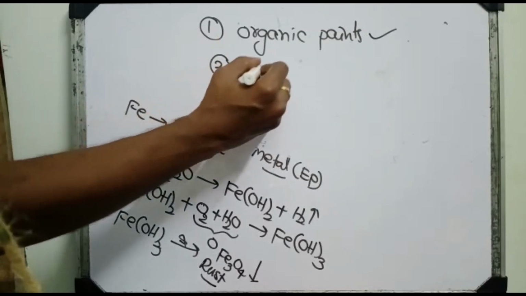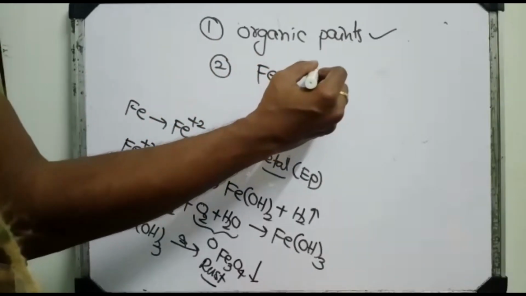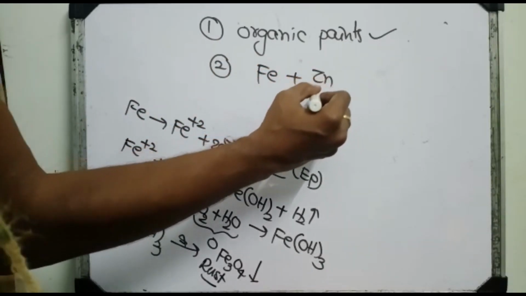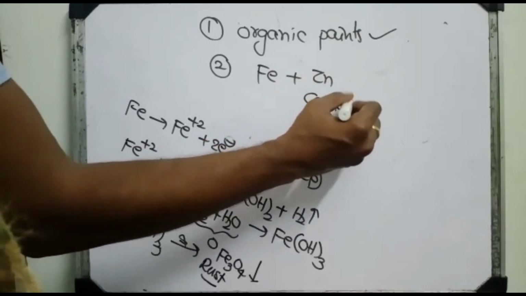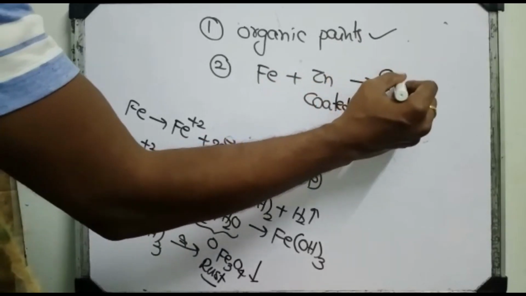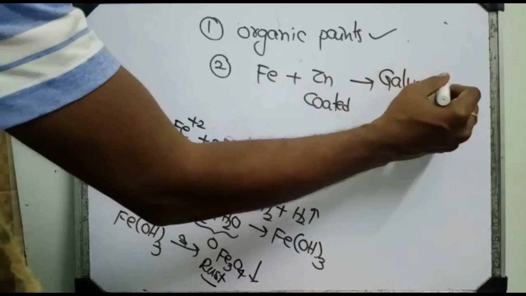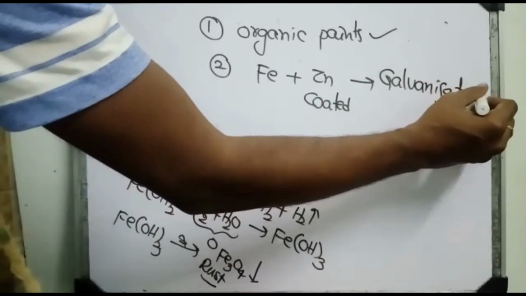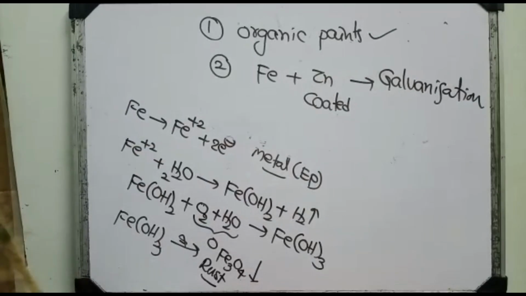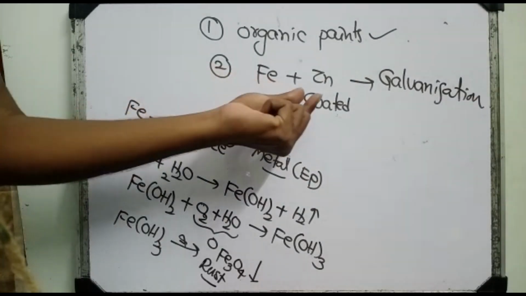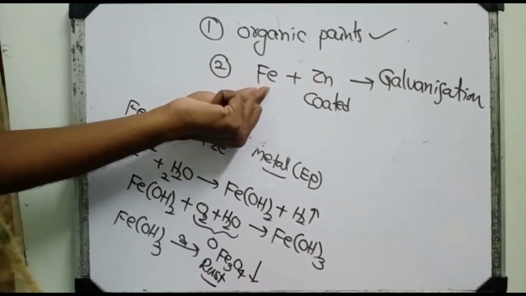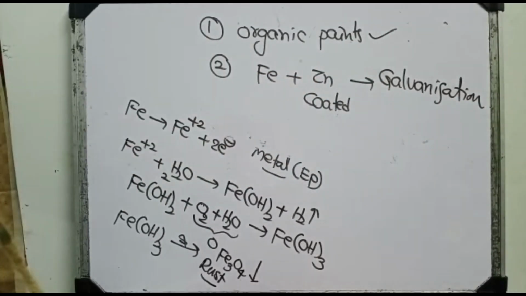Next, iron is coated with zinc. This is called galvanization. From the entrance exam point of view, it is very important: in the galvanization process, which metal is coated on the iron surface? That is zinc.